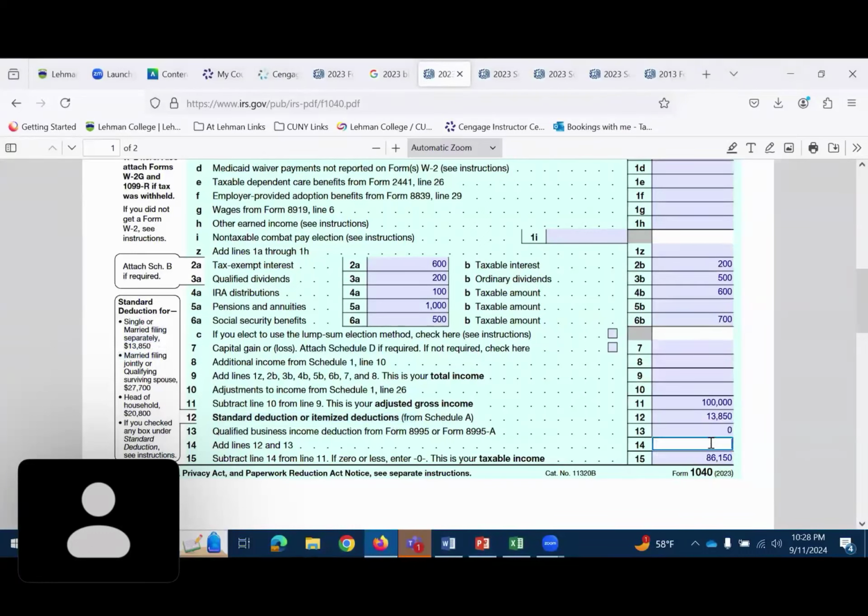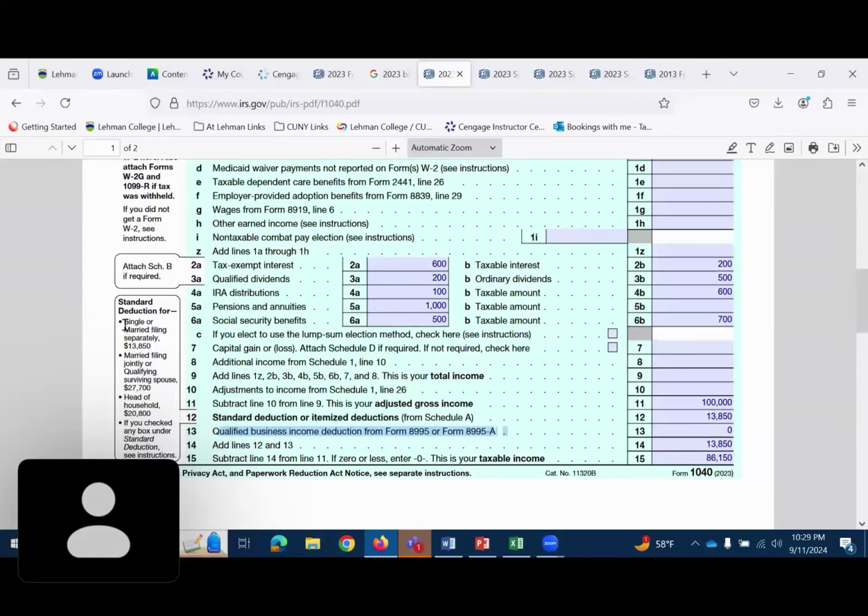Now that $13,850, because you add these two lines together. Now, this qualified business income deduction we're going to do later on in the semester. It's a huge, big calculation, but we're just going to ignore it for right now, okay?